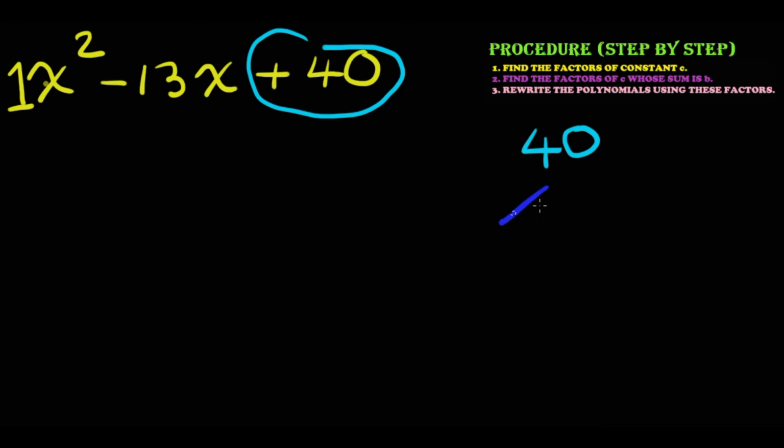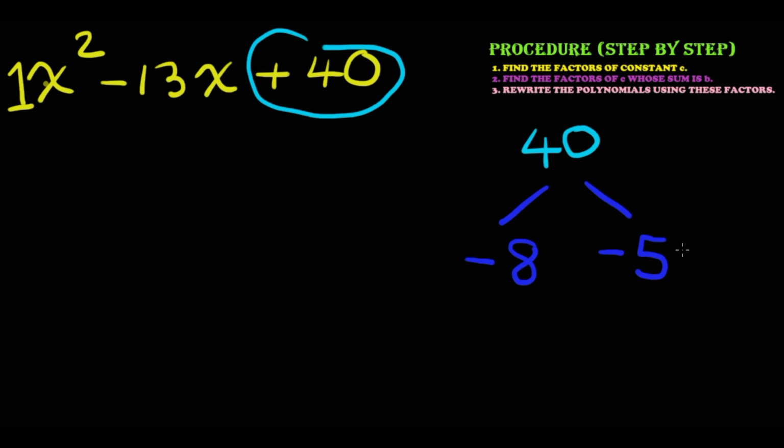So factors of 40. How about if we try 10 and 4, that's not going to do it. If we try 8 and 5, well, that may do it. So let's see, negative 8. We need two negative numbers, and then negative 5. Let's check it.